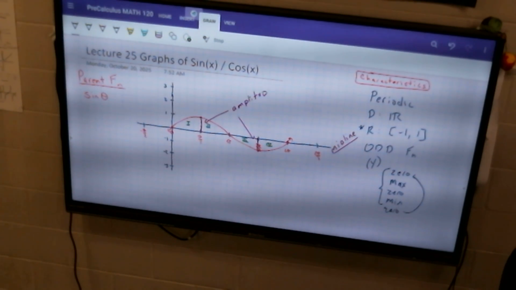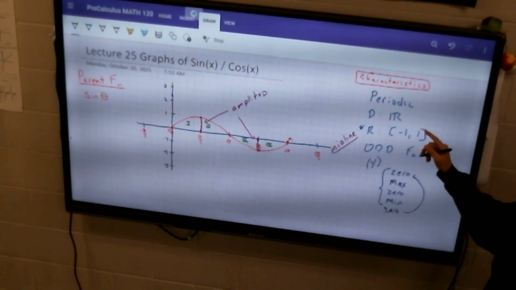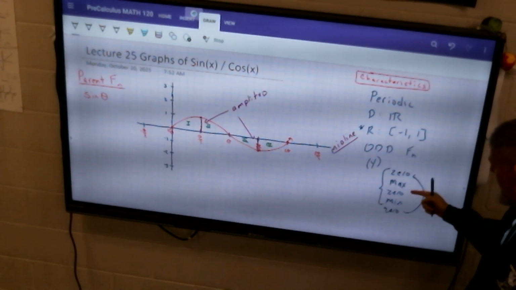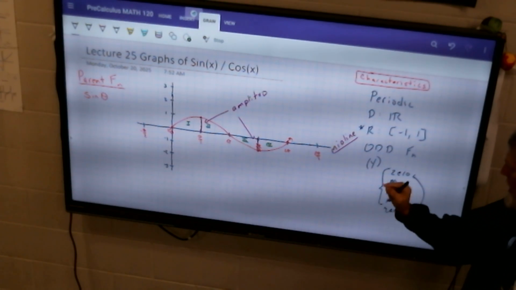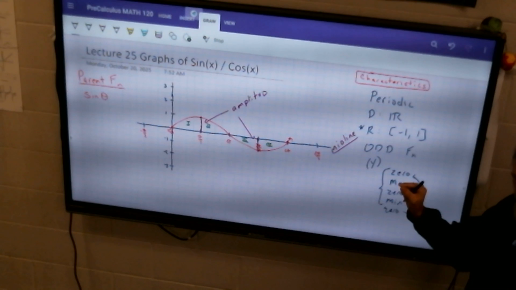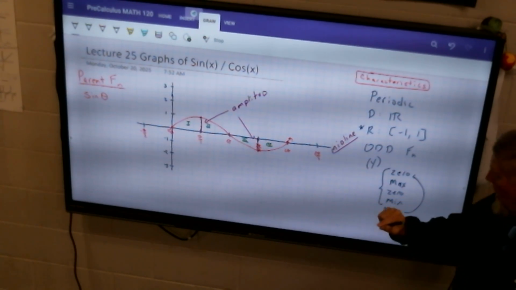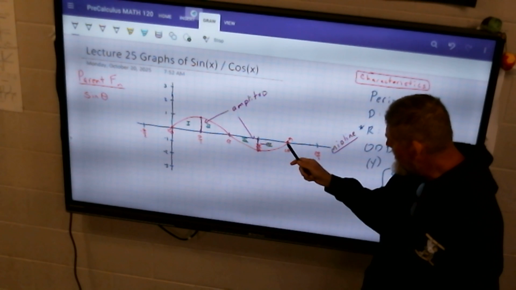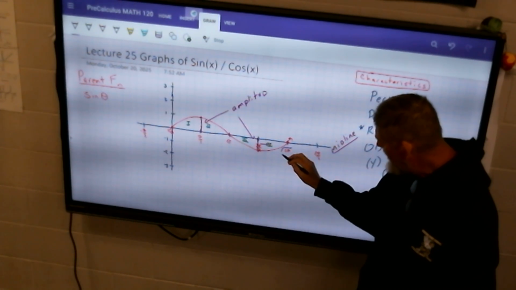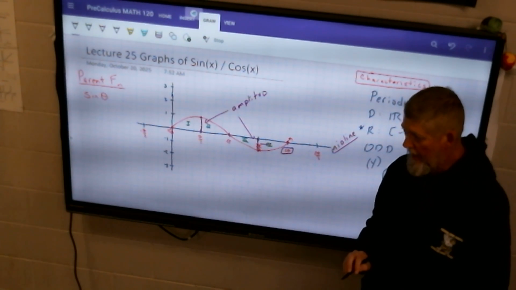And I just saw one thing that I failed to put on here with periodic. How long does it take to go through this series from 0 to max, 0 to min, and back to 0? How far along the x-axis does it take to do that? Look at the x values. When does it come back to 0? 2 pi, right?